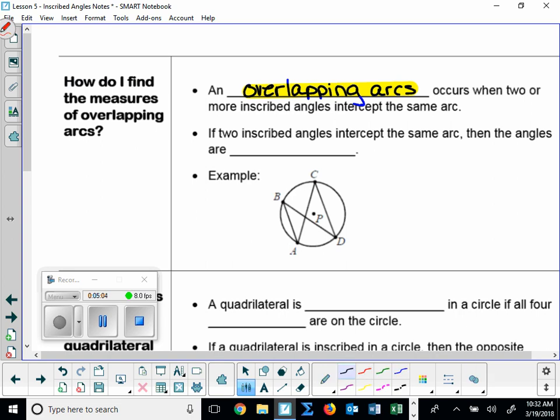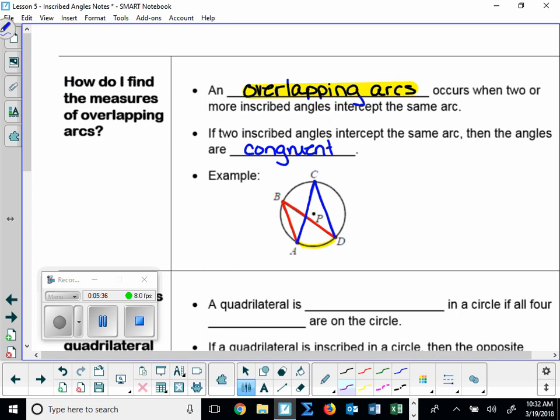If I look at inscribed angle ABD, I am intercepting arc AD. If I look at inscribed angle ACD, I'm intercepting the same arc. If two inscribed angles intercept the same arc, the angles are congruent. This makes sense, right?